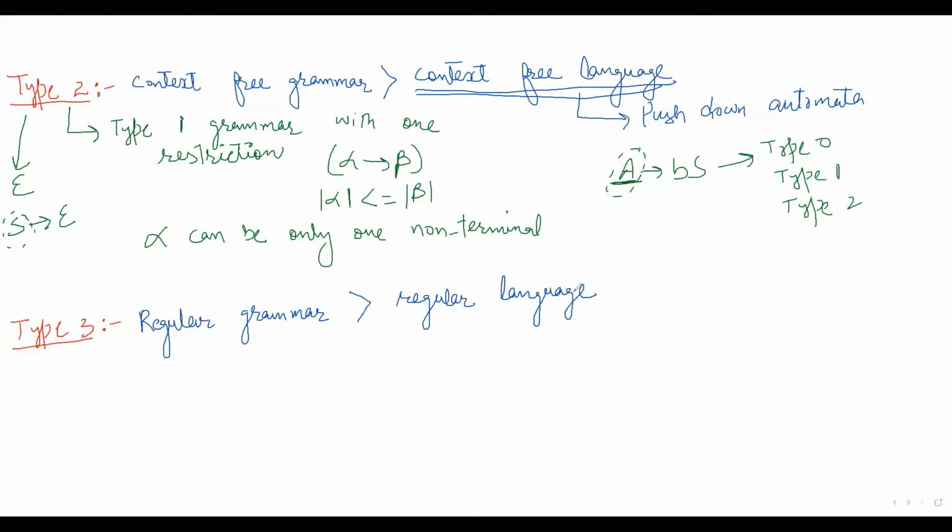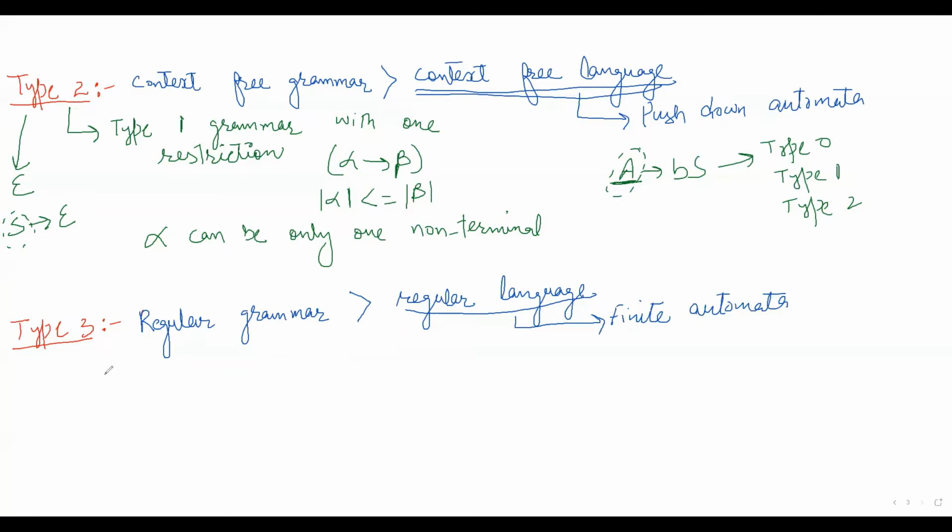And we have already discussed that the mathematical model that recognizes regular language is called finite automata. So what is a regular language? A regular language is a language for which there exists a finite automata, or for which there exists a regular expression. And now there is another method: we can say a language is regular if there exists a regular grammar for that particular language.